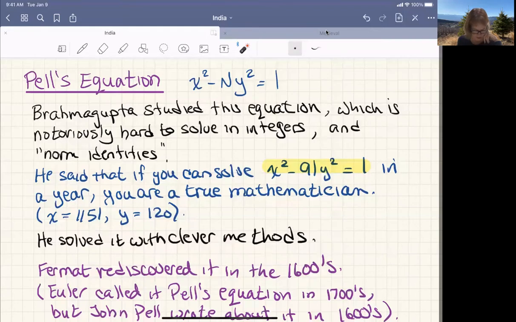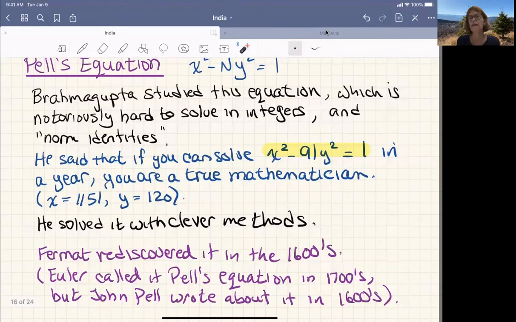Now, the solution that he came up with is x is 1151 and y is 120. And Brahmagupta solved this equation using clever methods. Now, by the way, this is something that was continued to be studied by mathematicians in later times.